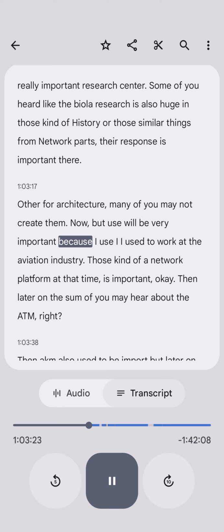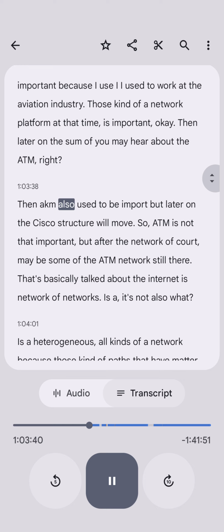But they used to be really important, because I used to work in the aviation industry, and those network protocols at that time were important. Okay. Then later on, some of you may have heard about ATM, right? ATM also used to be important. Then later on, Cisco's routers came through. So ATM is not that important, but in the network core, maybe some ATM networks are still there.